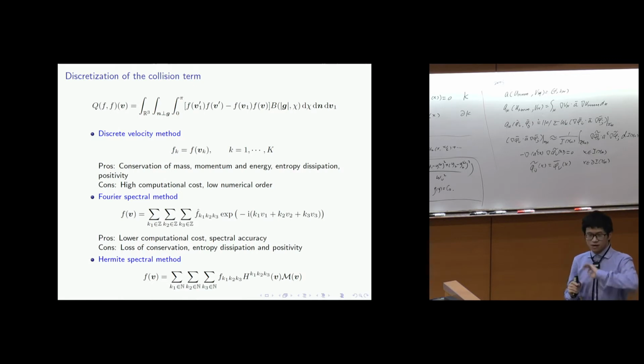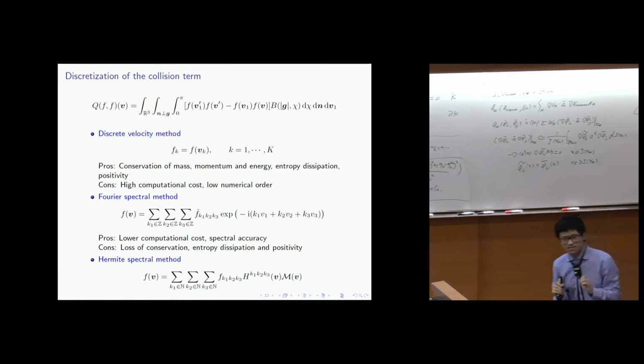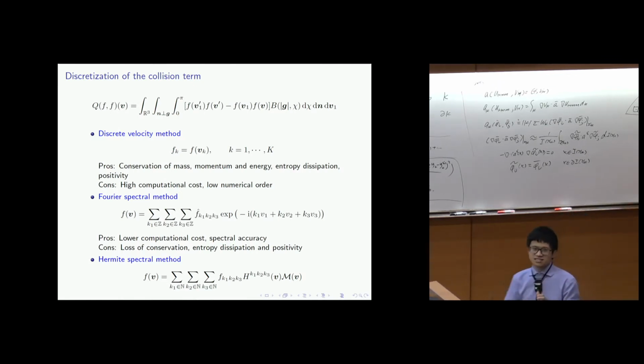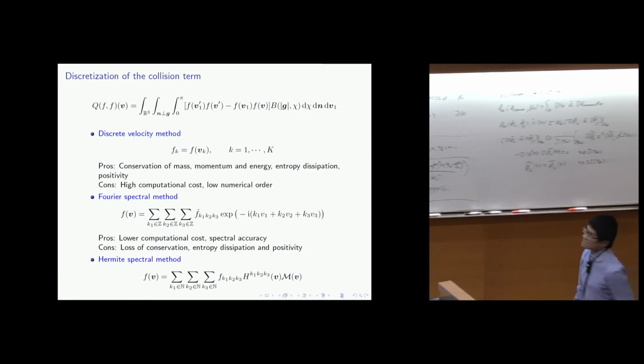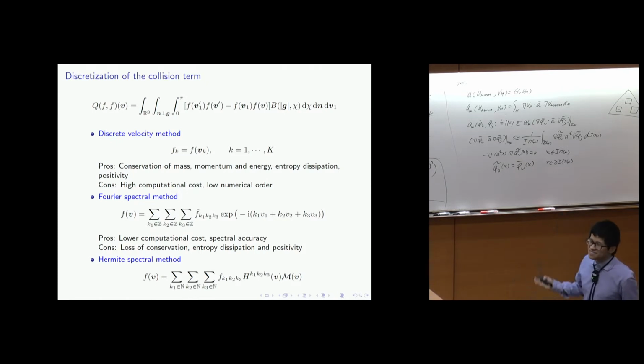If one of these two newly generated velocities is not on the grid point, then we just throw away this collision. We think that this collision doesn't exist. Of course, this is at most just an approximation. But because of this, you throw away any collision which is not on the grid.